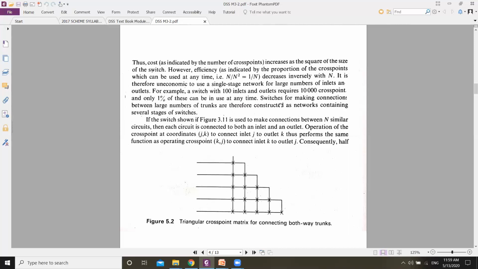Switches for making connections between a large number of trunks are therefore constructed as networks containing several stages of switches.